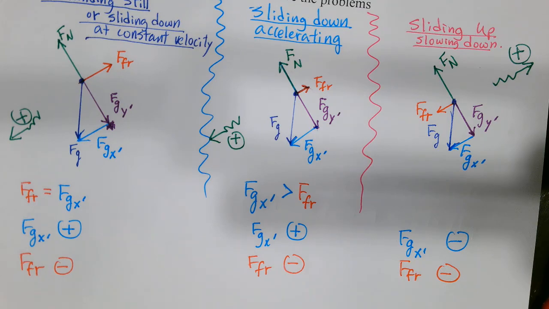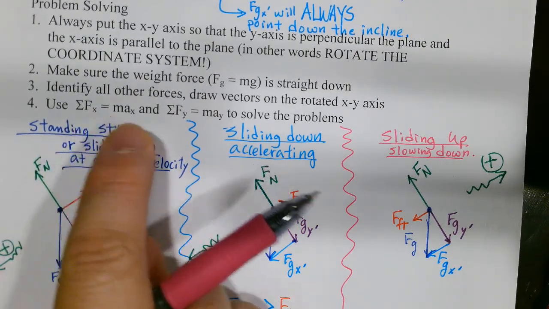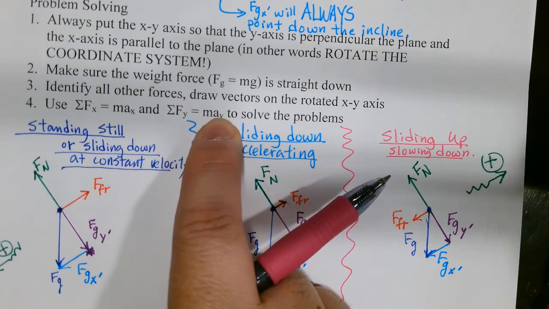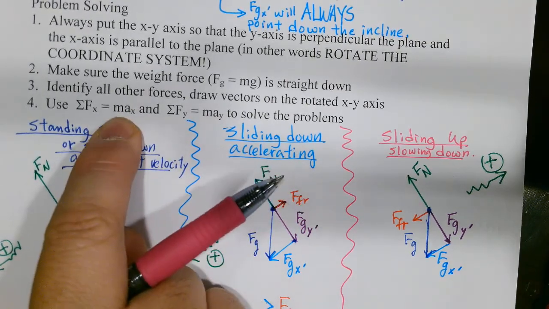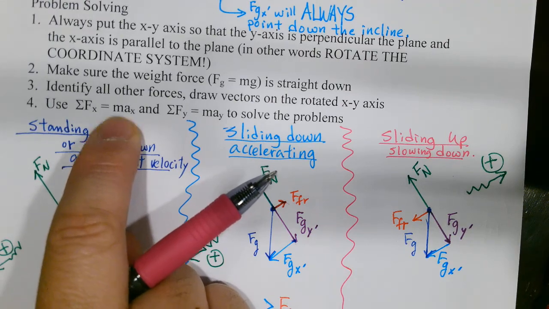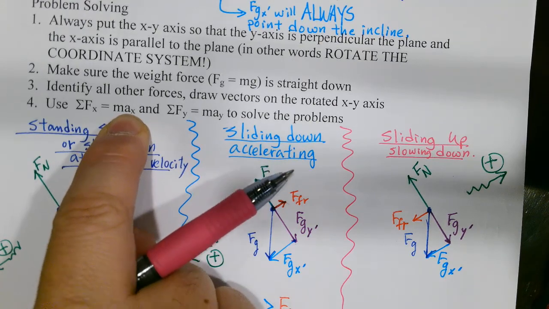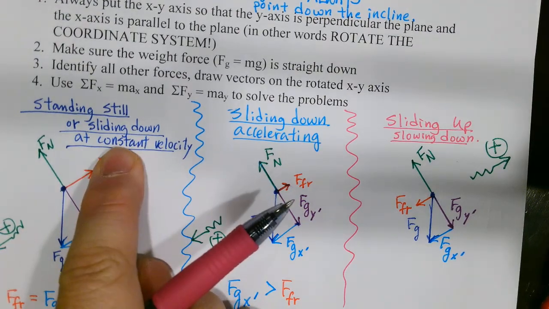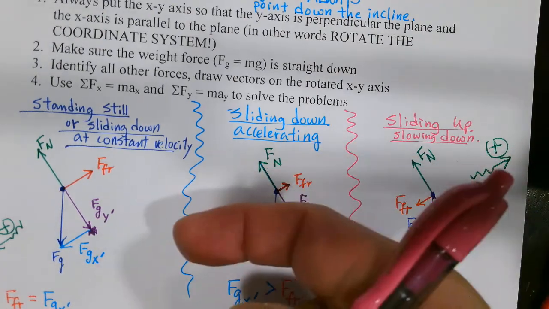Okay. So once we identify all this, depending on the situation, then we can apply sum of all forces in the x direction is equal to ma, and then sum of all forces in the y is equal to ma. Now, most likely in the y direction, it's going to be 0. Here, it depends whether its friction is bigger or smaller, right? This acceleration can be 0, it could be positive, or it can be negative, depending on the situation. Here, acceleration 0. Here, your acceleration is positive, down, right?